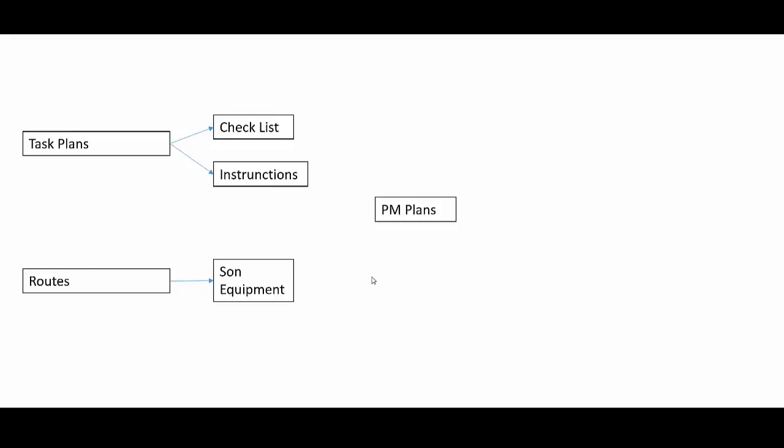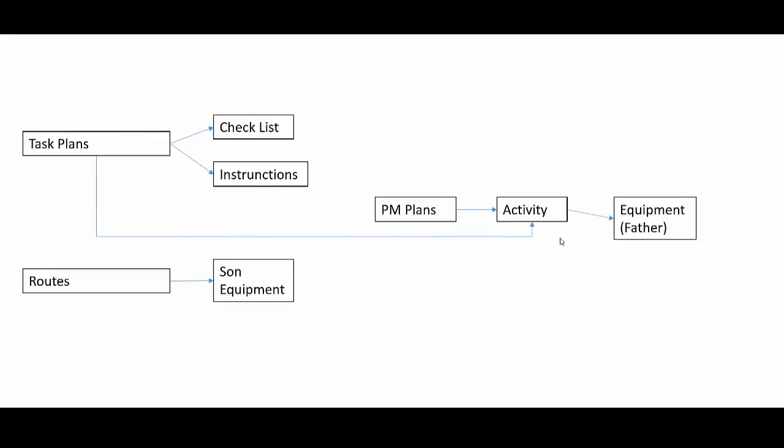Then we can create PM plans, just defining the header. In the PM plans we attach the activities with a description, and the task plans we already created can be associated with the activities.